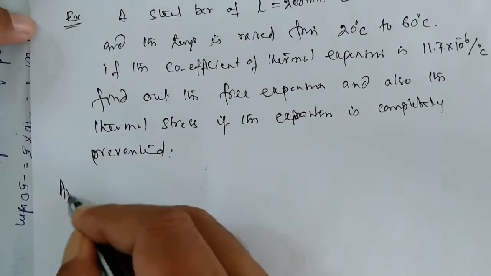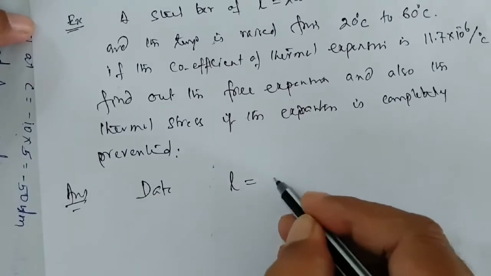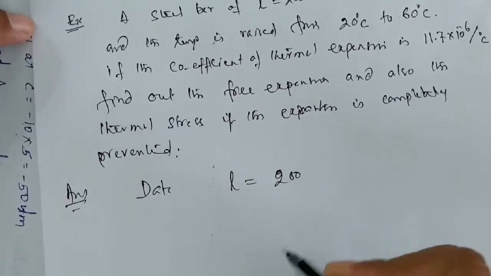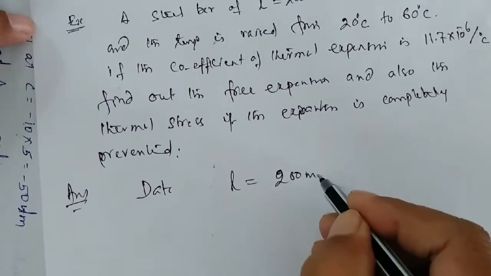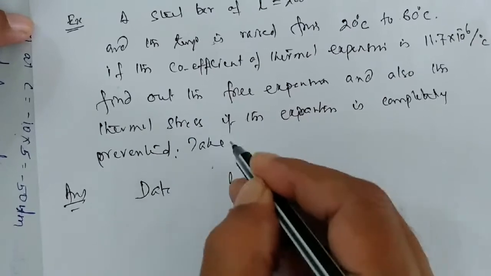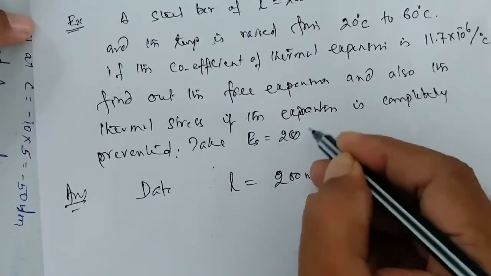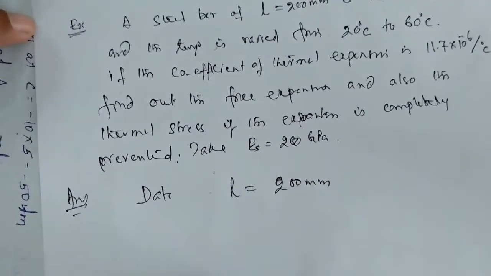So, given data: L is equal to 200 mm. Of course, here in the question, take E of steel is equal to 200 GPa.